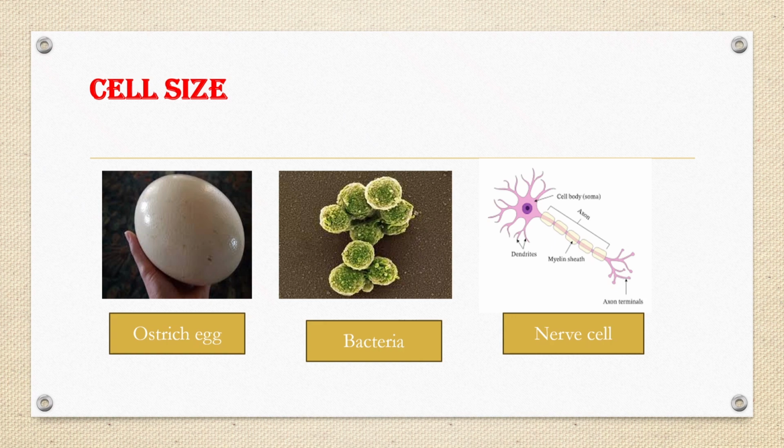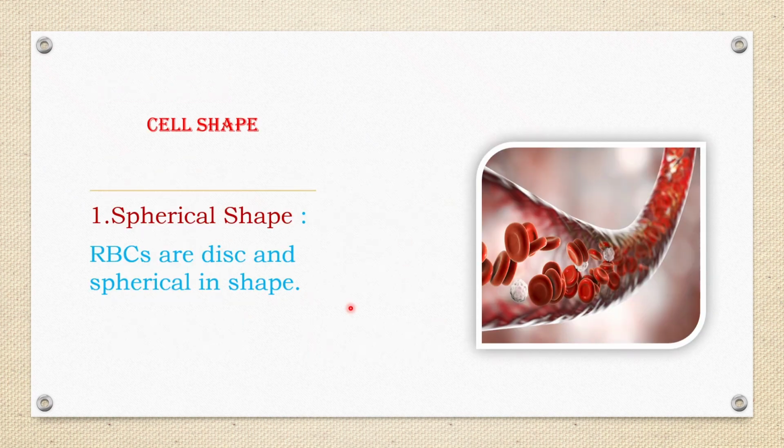Let us see the shapes of cells. In our body, we have different types of cells. Every cell is not round in shape, right? Some are long, some are elongated, some are circular, and many others.